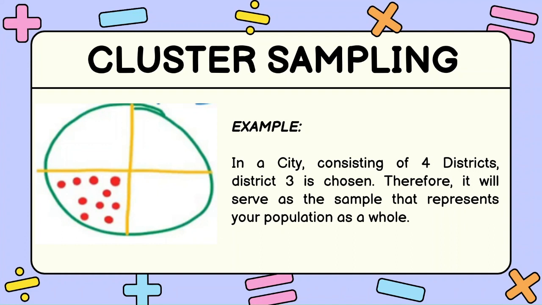Therefore, it will serve as a sample that represents your population as a whole. Again, the four districts are already existing in a city, and the researcher only chose District 3 to represent the whole population, or the whole city. So the four districts here are already pre-existing.